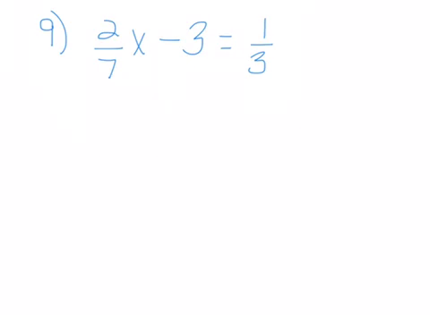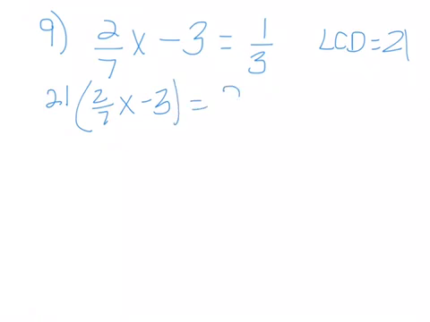Your least common denominator is going to be 21. So if I multiply the left side by 21, and I multiply the right side by 21, that should eliminate my fractions.